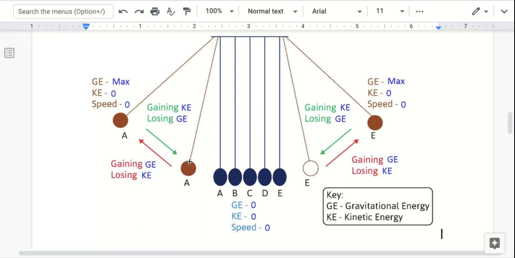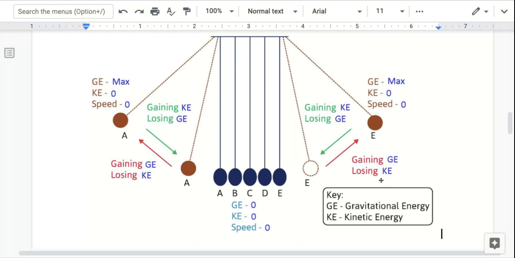But as this ball A comes into the Newton's cradle and pushes across, you'll notice ball E, as we follow our red arrow up to the top, it's gaining gravitational energy. It starts off moving pretty fast.